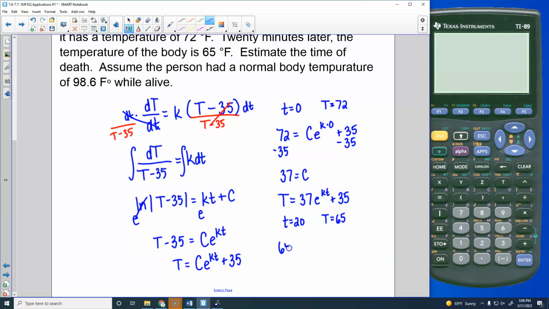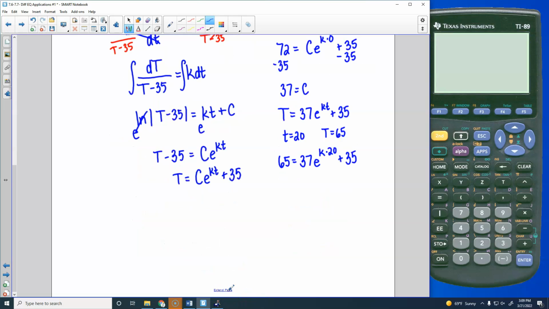So 65 equals 37 e to the k times 20 plus 35. Be careful not to lose your plus 35. I always mess it up. We'll subtract that 35 first. So we got 30 equals 37 e to the k times 20. Divide by 37.